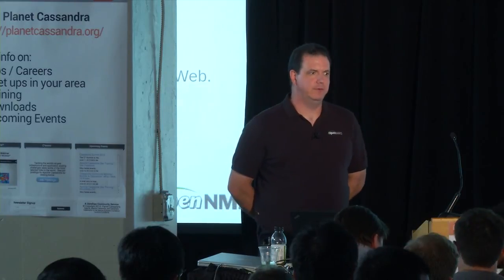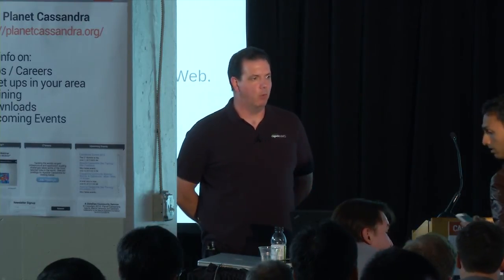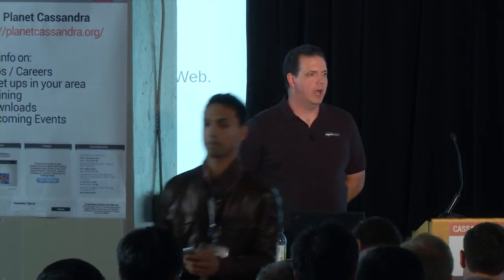I don't think, with that many more tokens, with 255, if you use the default, 255 times the number of nodes you have, the likelihood that you would have a noticeable hotspot should approach 0.